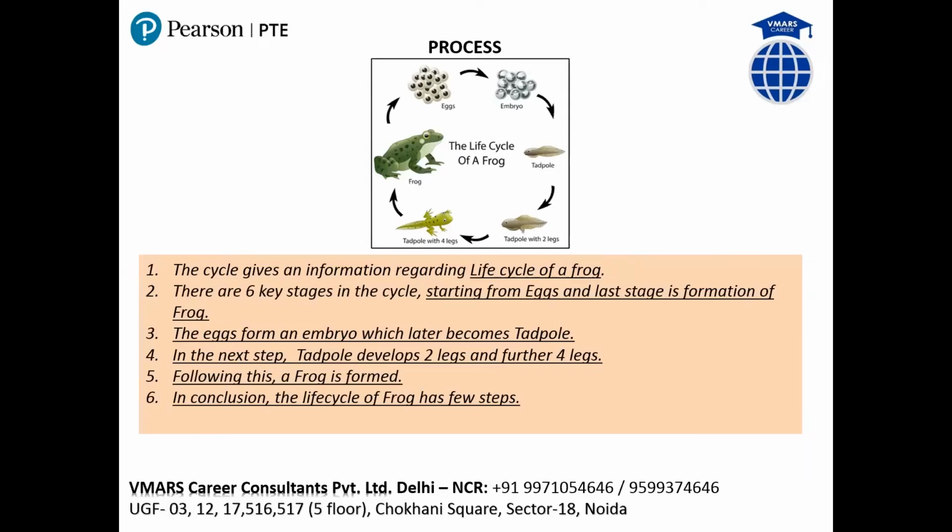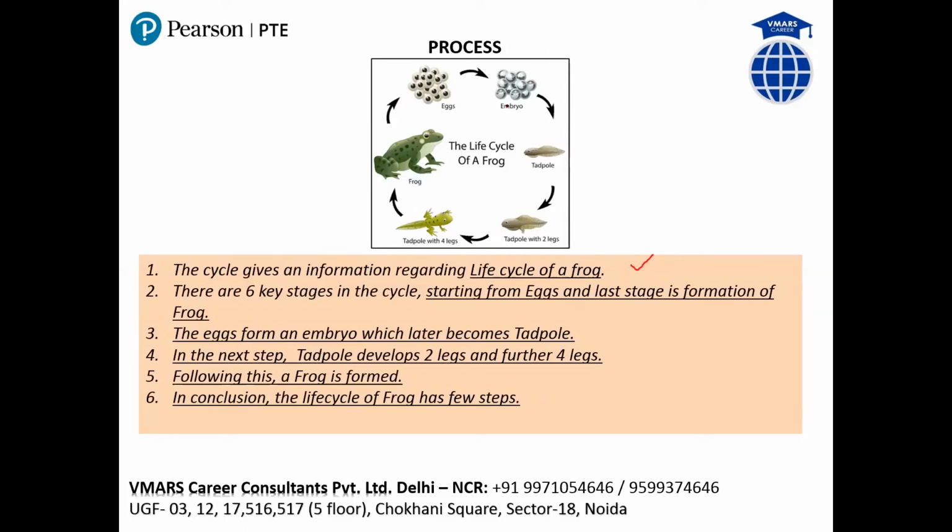So if you look at this process, how we started, the cycle gives an information regarding life cycle of a frog. Okay, so the first sentence can be, the cycle gives information regarding life cycle of a frog. There are 6 key stages. You count the stages.